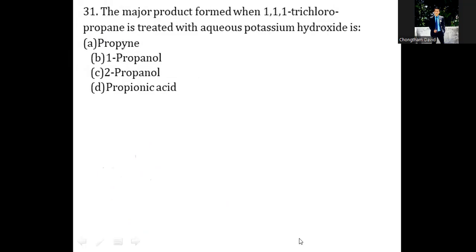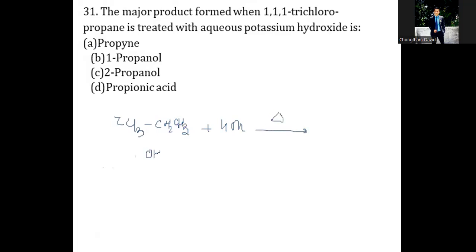Question number 31. The major product formed when 1,1,1-trichloropropane is treated with aqueous potassium hydroxide is? Let us write the reaction. Potassium hydroxide, heat this.